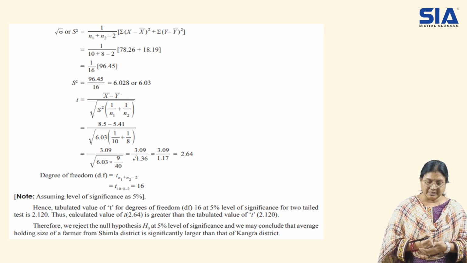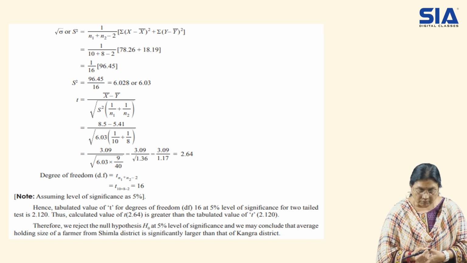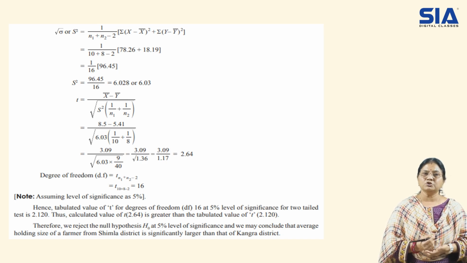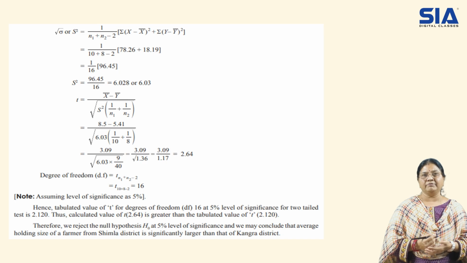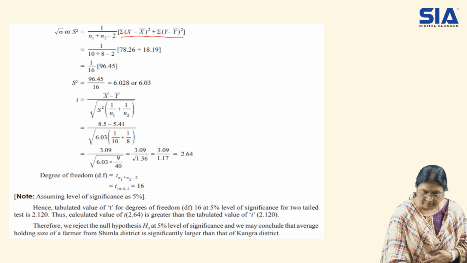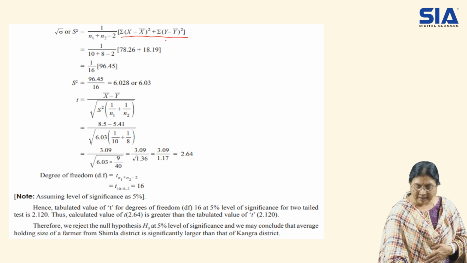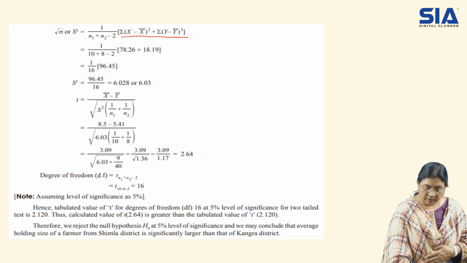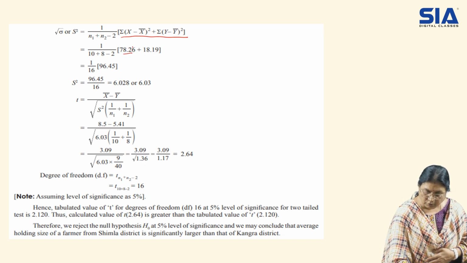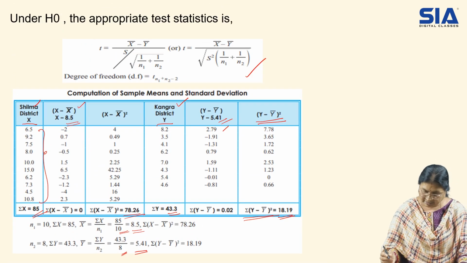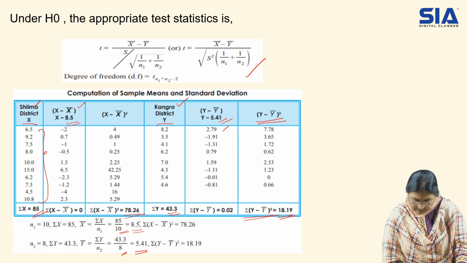Now substitute the same values in the formula. The formula given is s square is equal to 1 by n1 plus n2 minus 2, because these are two means, so the degrees of freedom is n1 plus n2 minus 2. Then sigma x minus x bar whole square, which we have already calculated, plus sigma y minus y bar whole square. You can see 78.26 and 18.19, which we calculated earlier.